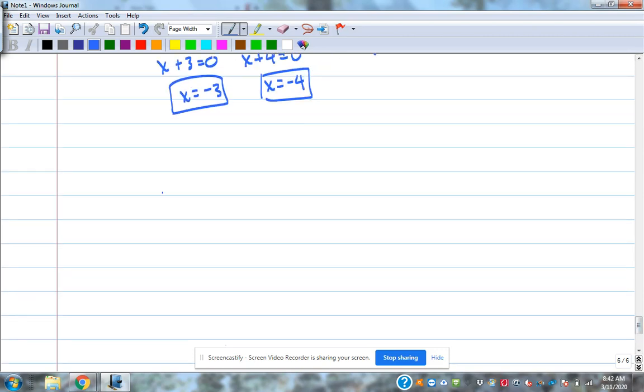All right. So it's 431. Page 431. 3 through 59, 61 through 84, and then 101 through 107.